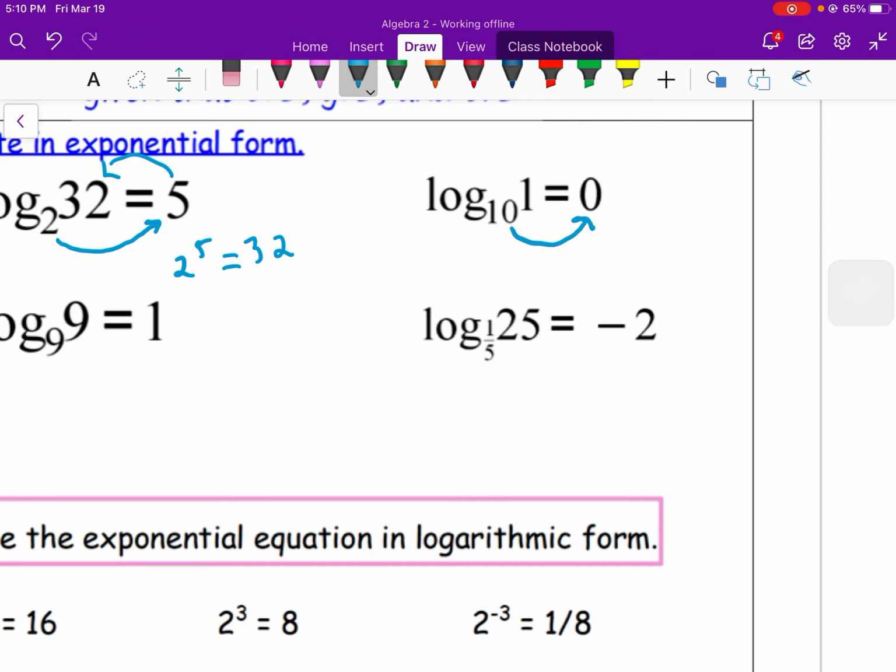So let's check this one. 10 to the power of 0. Okay, and 10 to the power of 0 we know is 1. And so that's a true statement. If we see 0 out front, that means it's going to be whatever this base is to the power of 0. It'll always be 1. It has to be, because anything to the power of 0, besides 0 to the power of 0, is going to be 1.